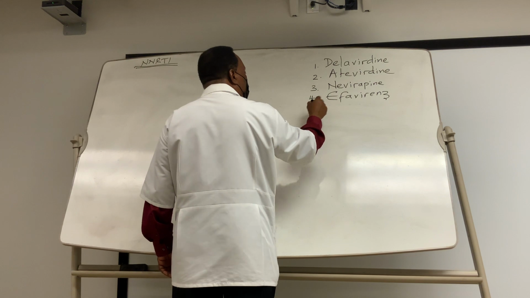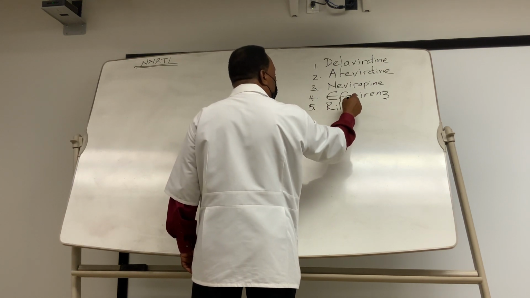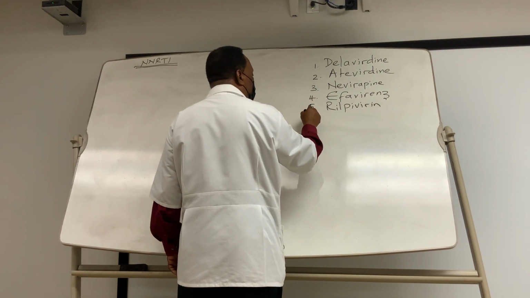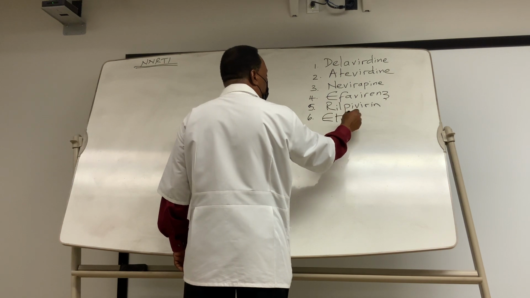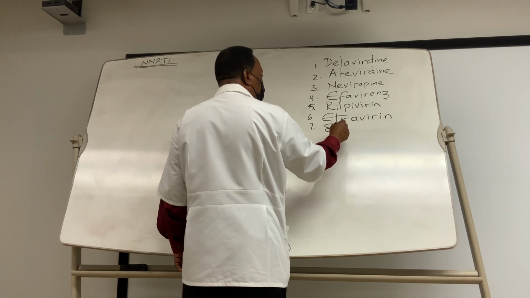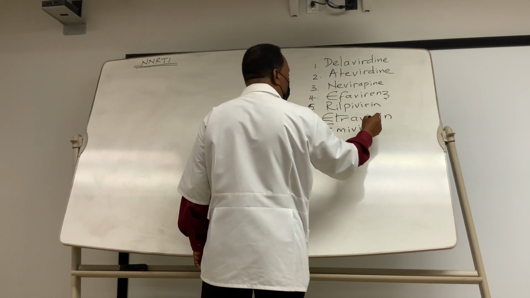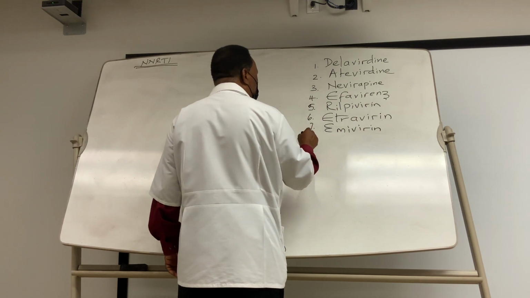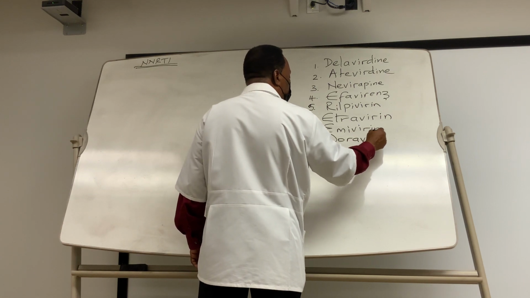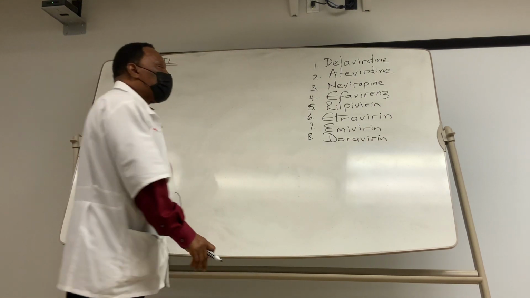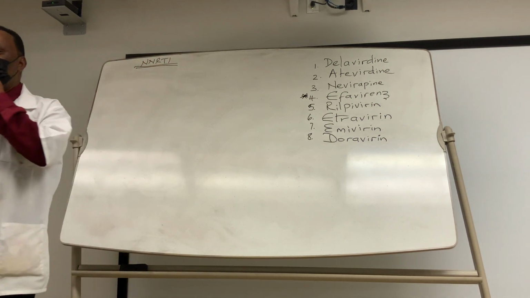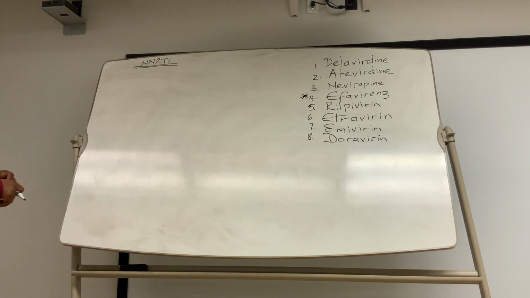Another one. And so, Ribavirin. Etravirin. Now, Amivirin. So, another one. And Dora. And the one that we'll take as a representative agent will be your efavirenz.